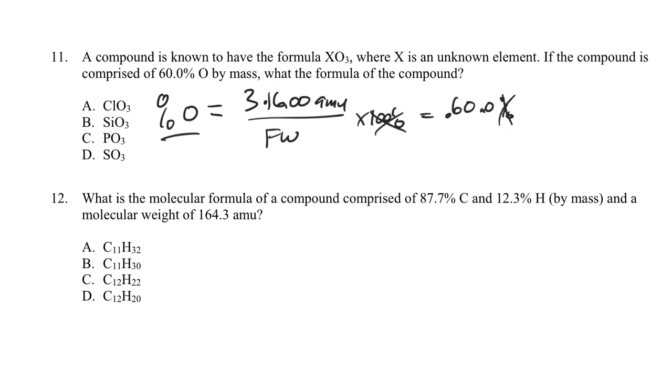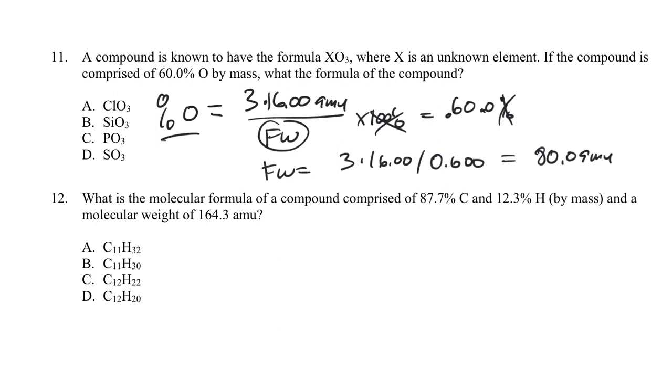So 60% is 0.600 as a fraction. Then the formula weight of my compound will be 3 times 16.00 divided by 0.600, just solving algebraically for the formula weight. This gives me a formula weight of 80.0 AMU, which is the entire mass of the whole XO3 unit.